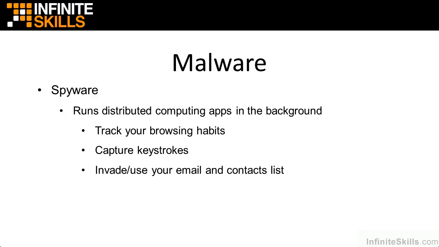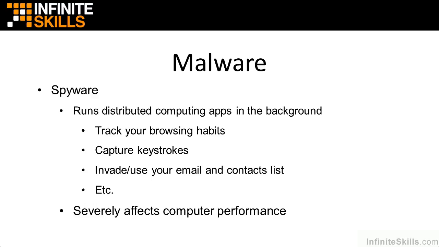It can even invade your contacts list and use your email. It just gets uglier and uglier. Spyware is really starting to get dangerous. And spyware will severely affect the computer's performance because it starts to run some pretty hefty programs in the background. Usually when a relative calls and says, can you take a look at my computer, it's gotten so slow, I can't stand to use it, it's probably loaded with all kinds of malware.